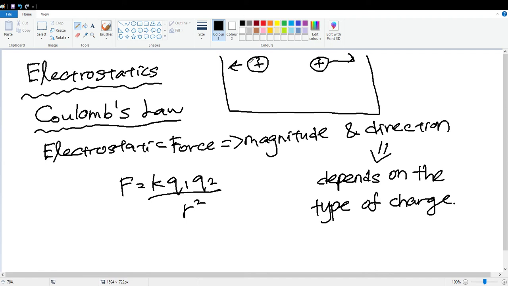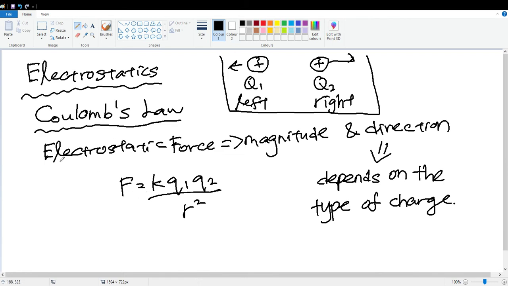So the direction of the electrostatic force on Q1 is to the left, and for Q2 the electrostatic force is directed towards the right. This is how we find the direction of the electrostatic force.